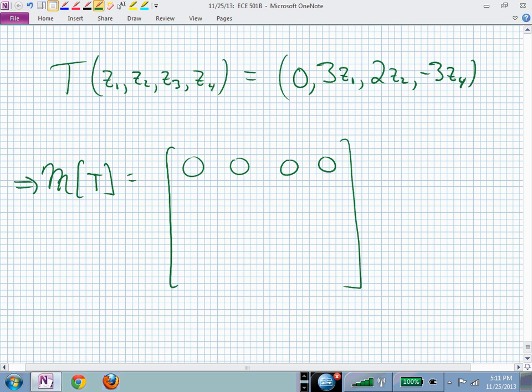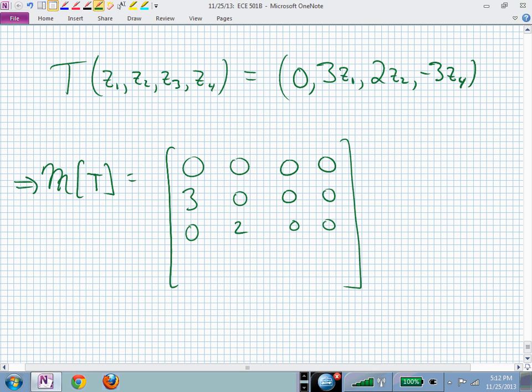What's the second row in this matrix representation of T look like? I'm just pulling off the top coordinate and scaling it by 3. What about the third row of this matrix representation? I'm just pulling off the second coordinate of my original vector, z1, z2, z3, z4, and scaling it by 2. So that requires a third row of 0, 2, 0, 0.